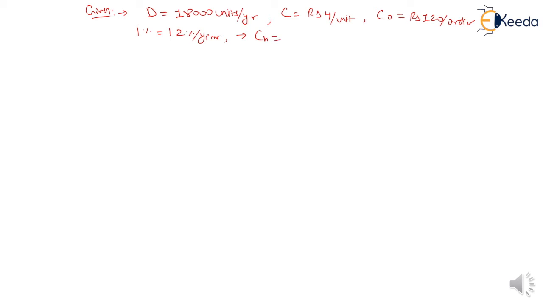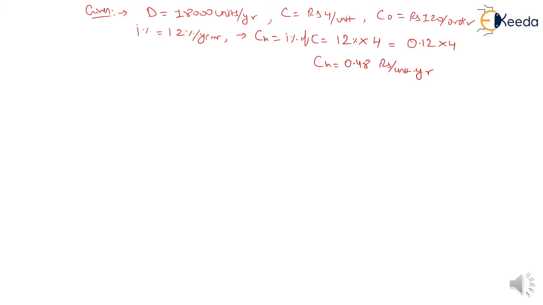And what is the CH? I percent of C. What is I percent? I percent is given as 12% and C is given as 4 rupees per unit. So we can easily calculate the CH: 0.12 into 4. So here the CH is nothing but 0.48 rupees per unit per year.